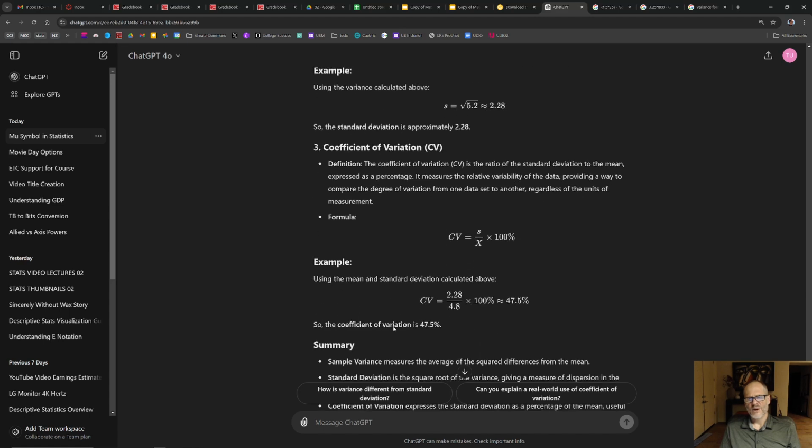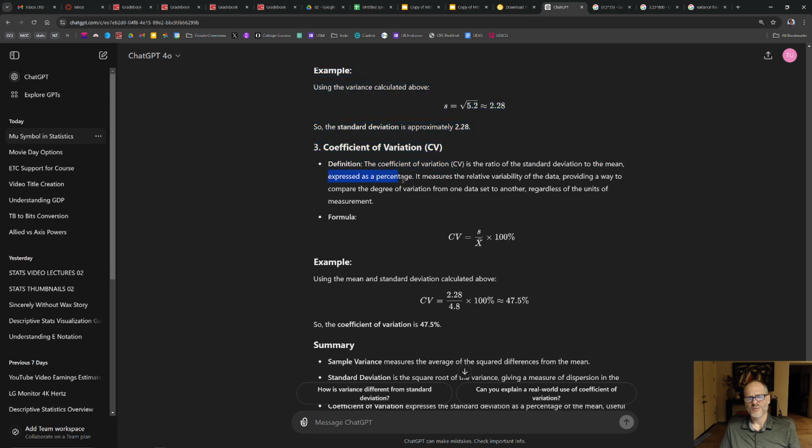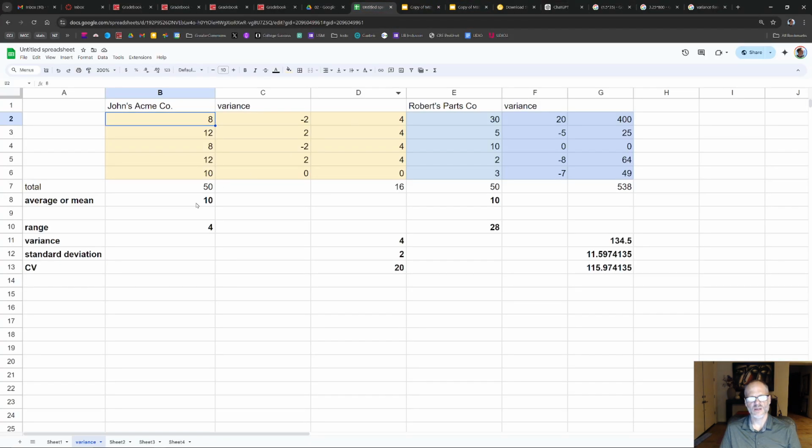And then we have the coefficient of variation, which is the ratio of the standard deviation to the mean, and it's expressed as a percentage. It measures the relative variability of the data, providing a way to compare the degree of variation from one data set to another, right? And so here, if we have different means, so here's 10 and 10, it really doesn't make a difference.